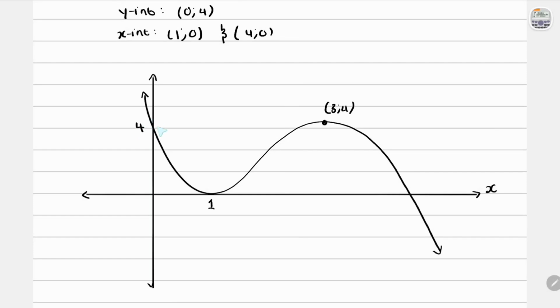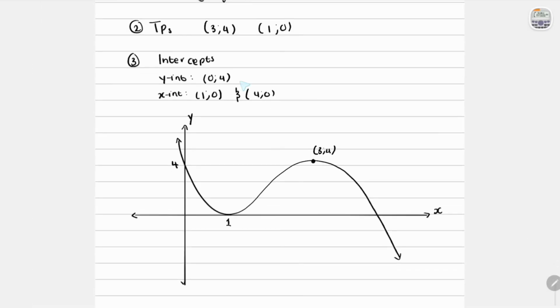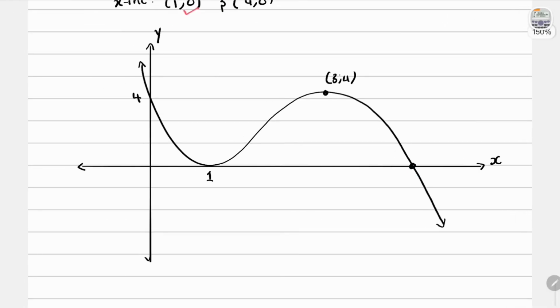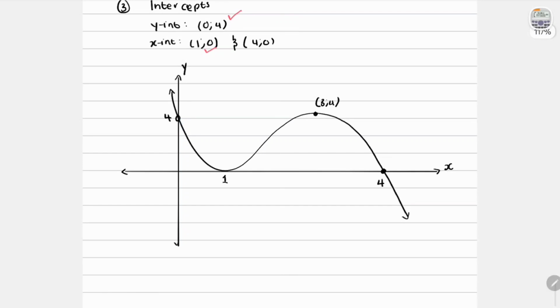Okay, so the points we have down, we have the y-intercept, we have this x-intercept, we have the turning point, and this point is (4, 0), the other x-intercept, which appears over here. So there we go. These are all our points, and that is our graph of f.